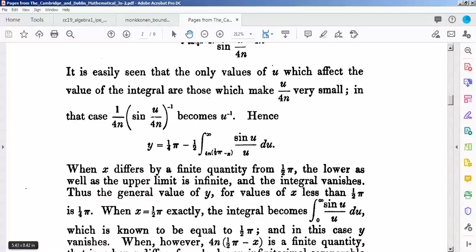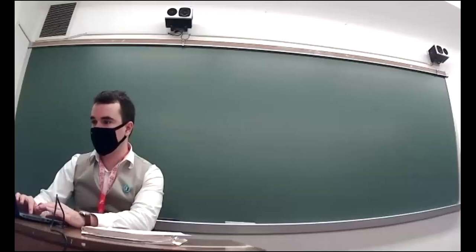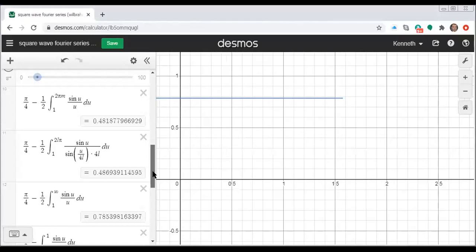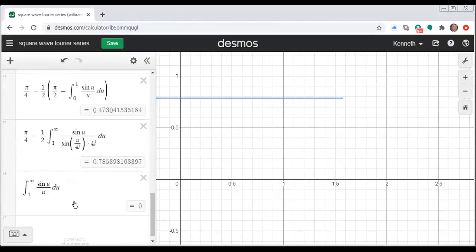But if you then plug that into Desmos, then you're going to have a bad time, because you try to calculate 1 to infinity of sine u over u.